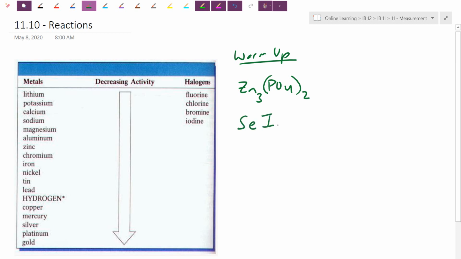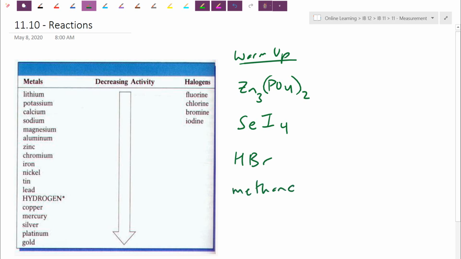Let's do SeI4. Let's do HBr. I want to know what's the formula for methane.